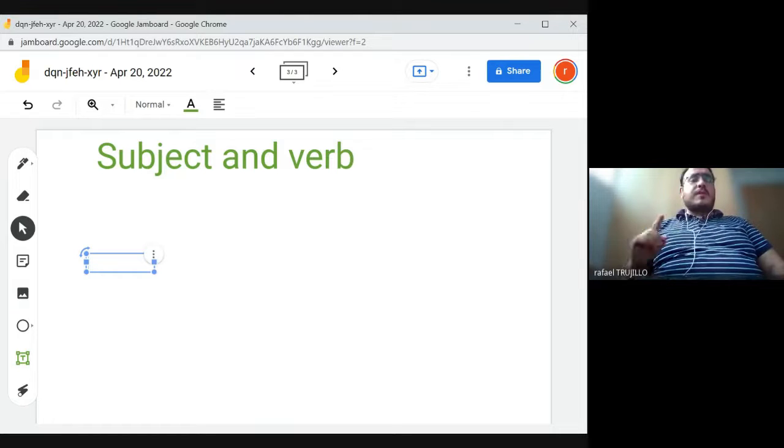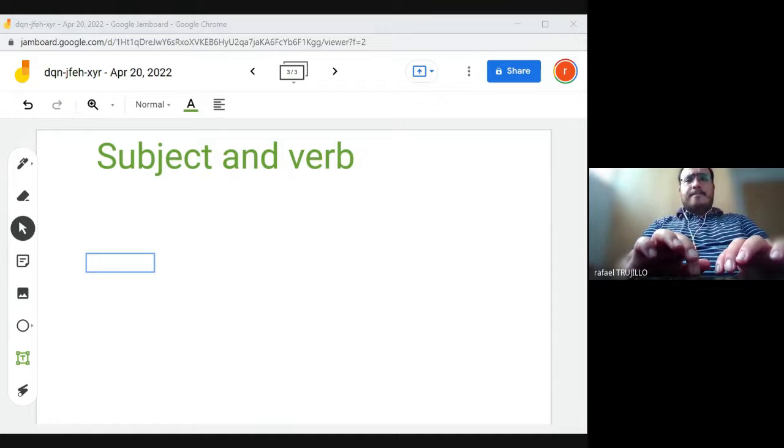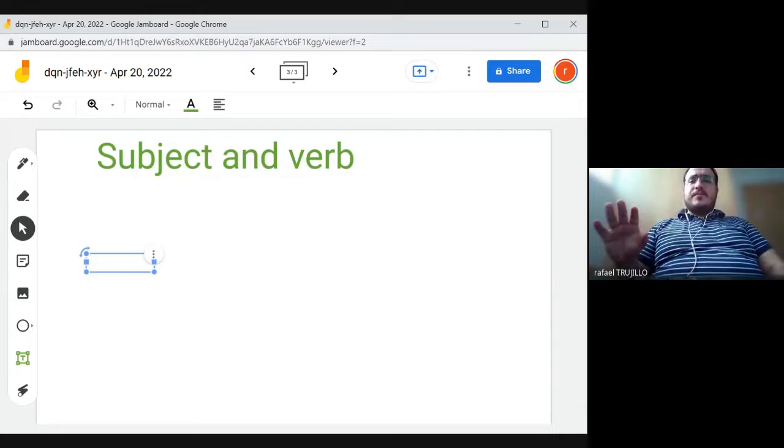Recordemos, vamos a ver esto. Me gustaría que esta estructura la aplicáramos no únicamente a las oraciones.